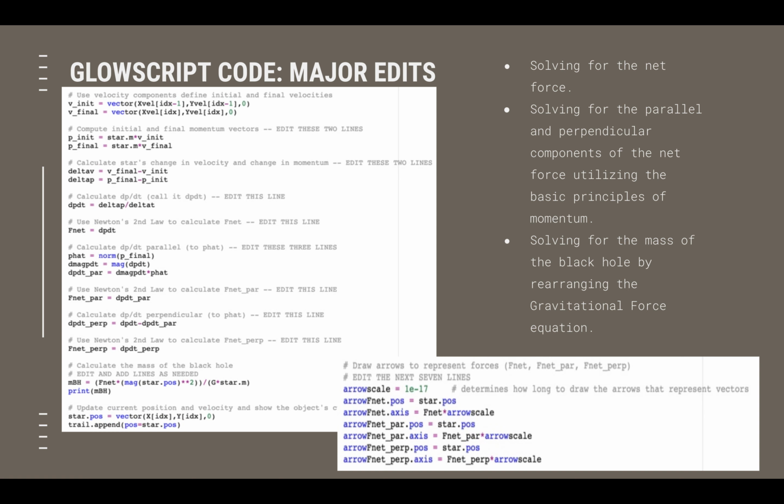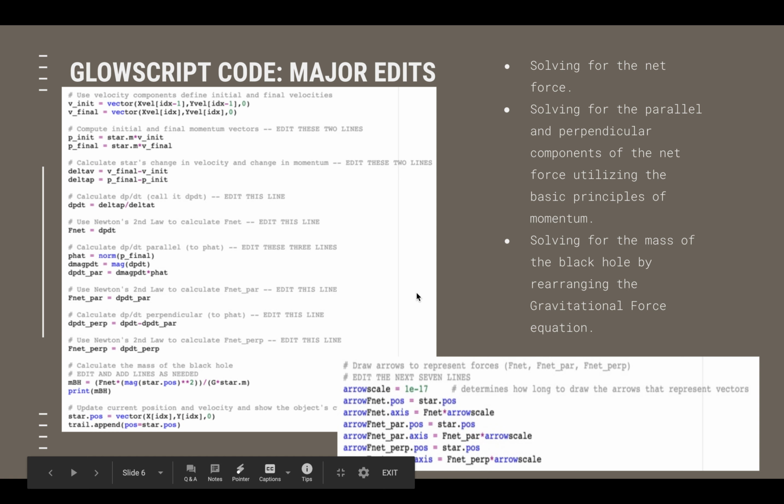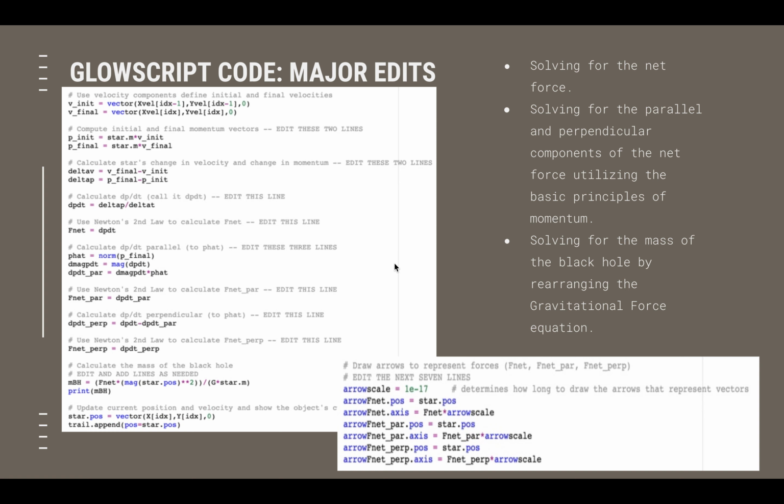Then I applied Newton's second law, or the momentum principle, to show that F net is equal to dp/dt. Moving on, I found dp/dt parallel by finding the unit vector of the direction of the final momentum. Then I multiplied that p hat by the magnitude of dp/dt in order to get the dp/dt parallel. Then I used Newton's second law to find that dp/dt parallel is in fact the parallel net force.